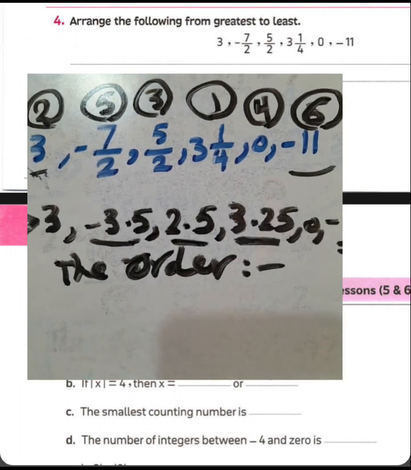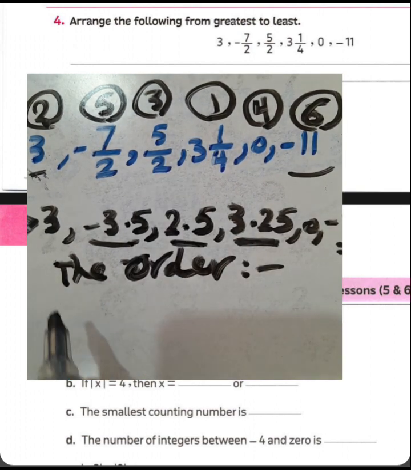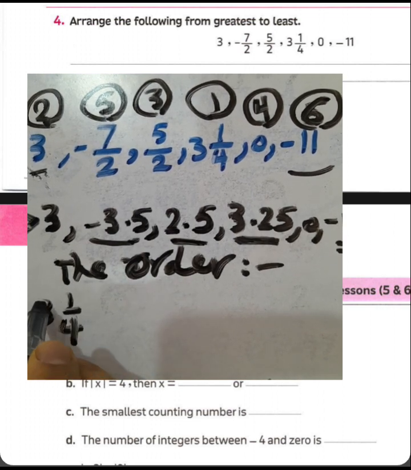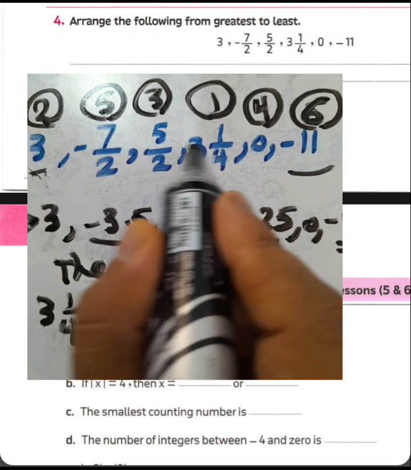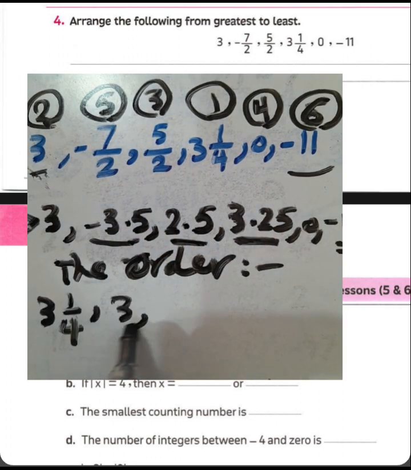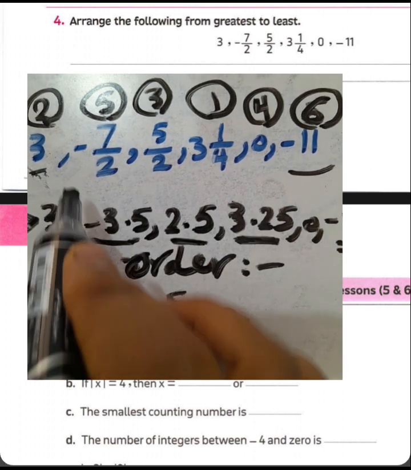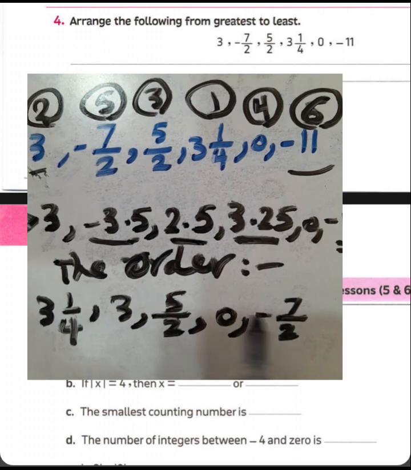Okay, in the order, you can write number 1, 3 and 1 over 4. Number 2, 3. Number 3, 5 over 2. Number 4, 0. Number 5, negative 7 over 2.